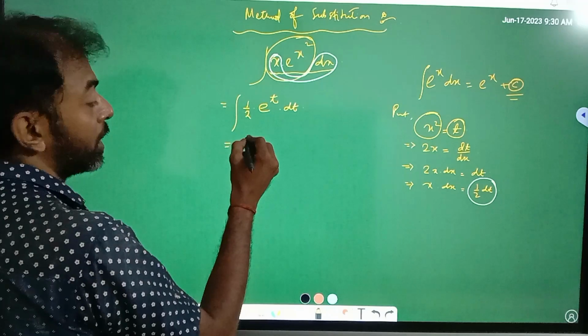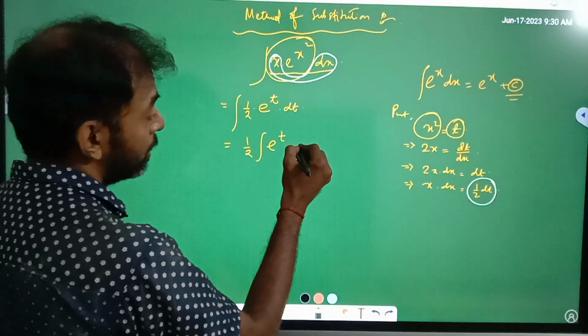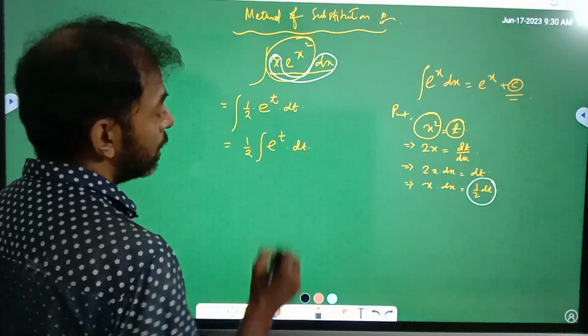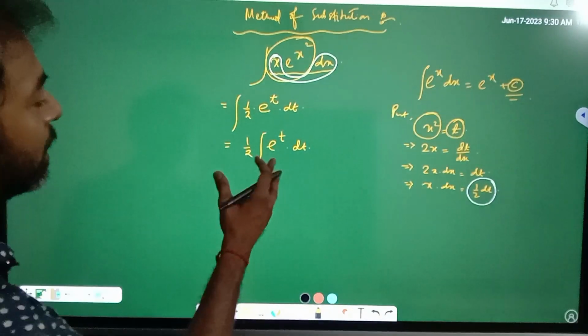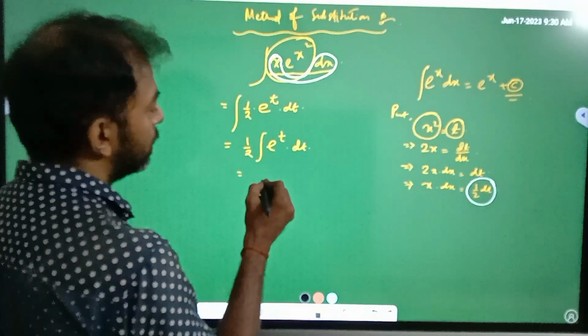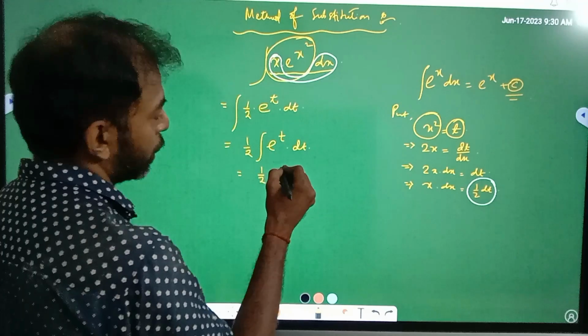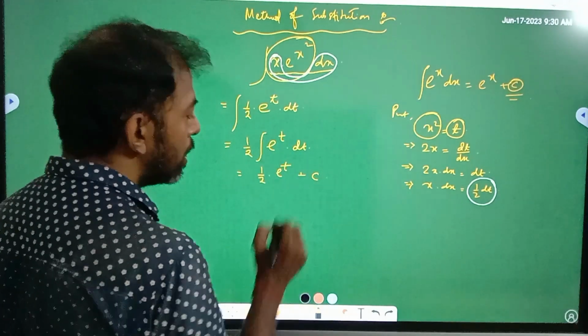Now, half will come out, and it converts into a standard integral form. We all know that the integration of e to the power t is e to the power t plus c.